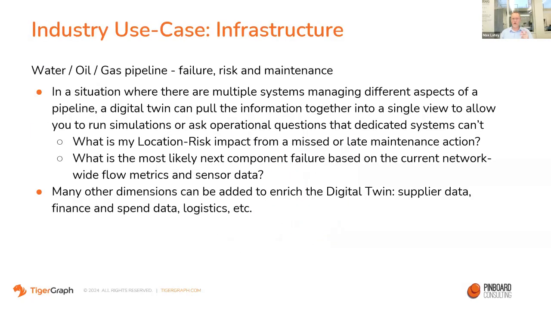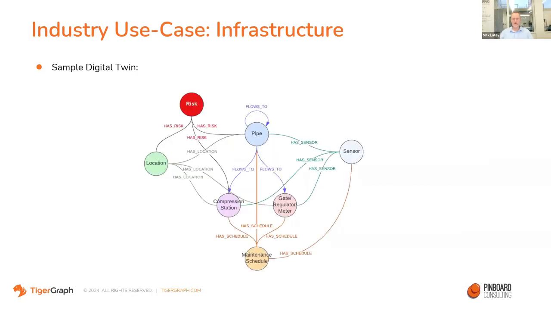in terms of risk, what is my location risk impact from a missed or late maintenance action? That can be an extremely difficult business question to answer without a full digital twin. But once it's in a digital twin, you can very rapidly see that the maintenance schedule against this pipe is out of date or coming due. If we don't perform that maintenance on time, that pipe is in this location, and that location has a very high geographical risk.